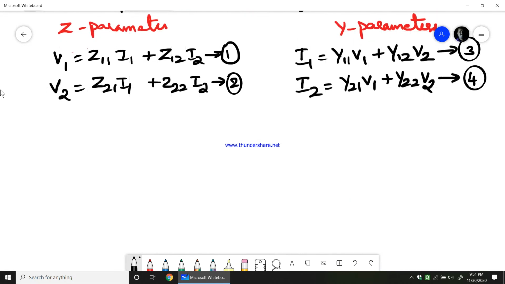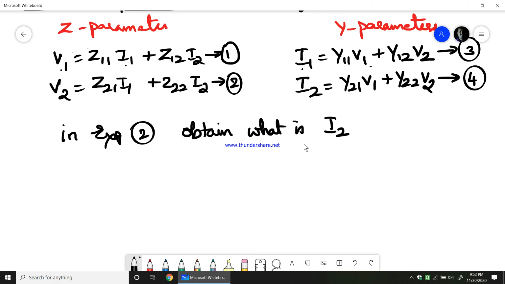So in these equations I should get somehow I1, V1 and V2. So I1 I should get on the left hand side, V1, V2 I should get on the right hand side. So here I have V1, I have I1. If I2 is converted into V2, then my job becomes very simple. So for that, we'll consider expression 2 and obtain what is I2.